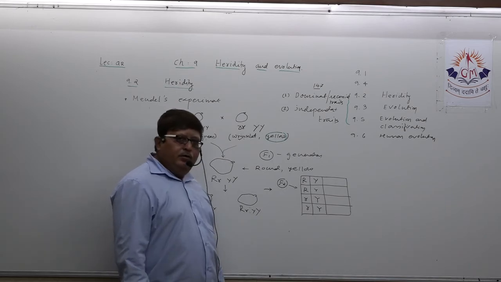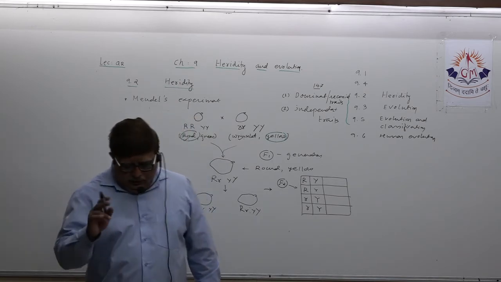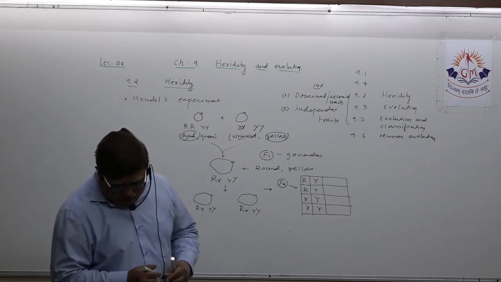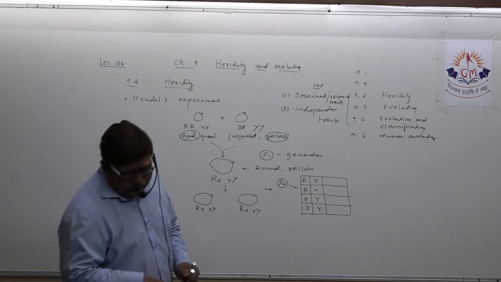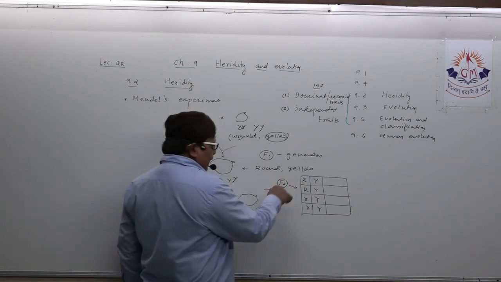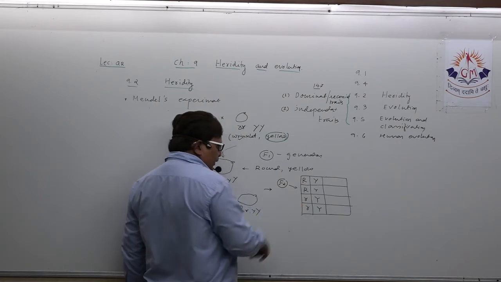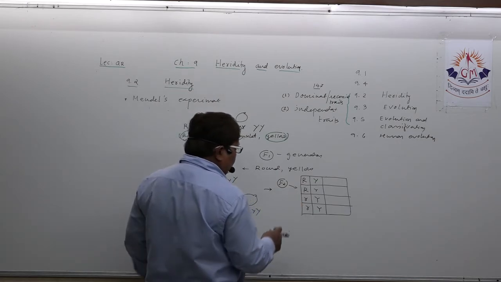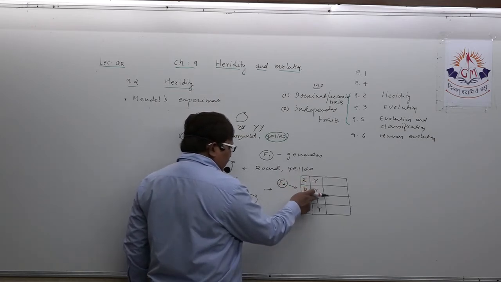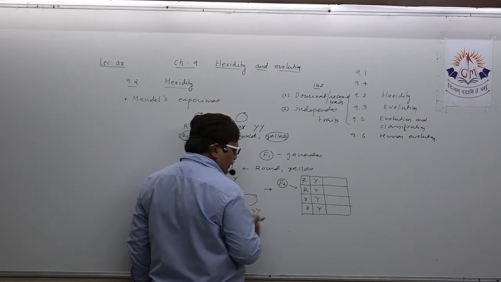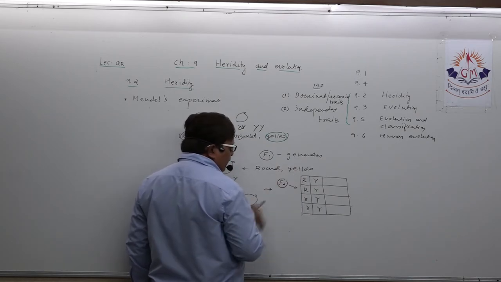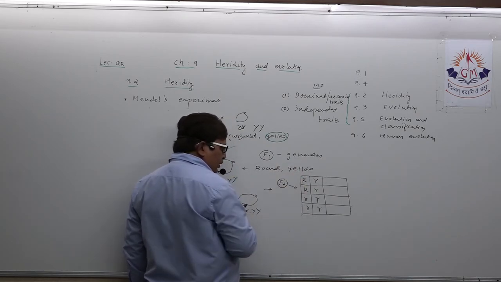Is it clear in your mind how to take this R R? This is only going to give you some idea. So R R Y, small r Y, small y, small y. Understand? And here, dear student, RY means round yellow.